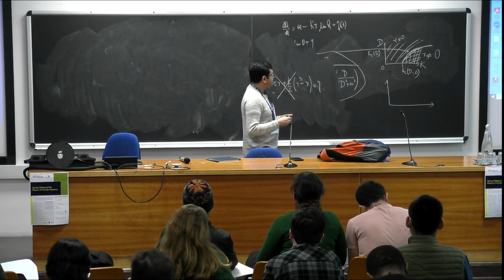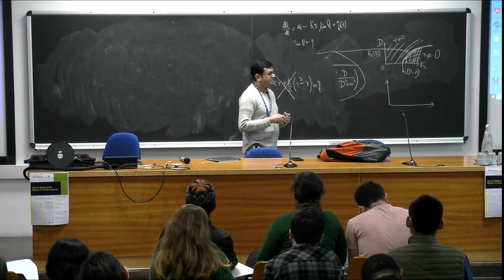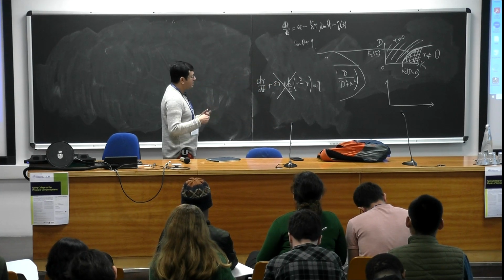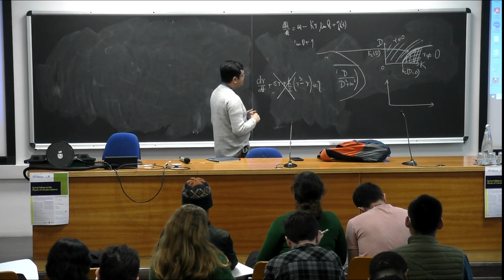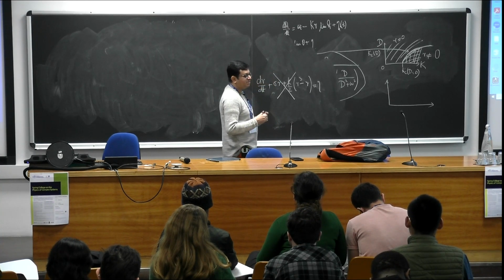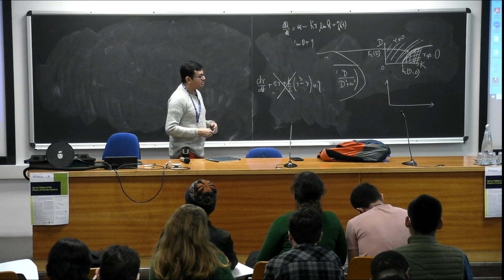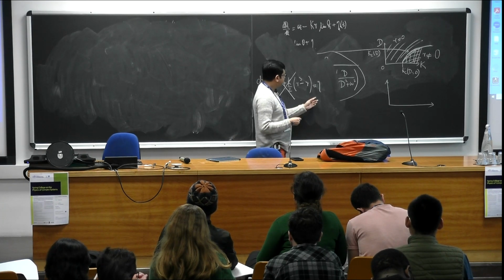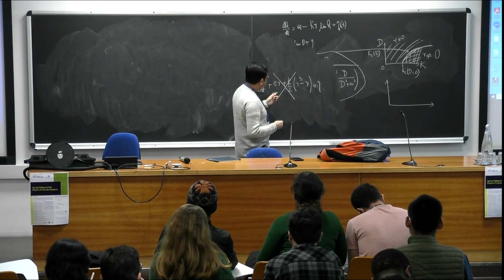Which is not so surprising, because when you have noise, things may get modified significantly enough that the arguments that you had put forward for the deterministic system do not straightforwardly generalize. Okay, so there is no such thing here.